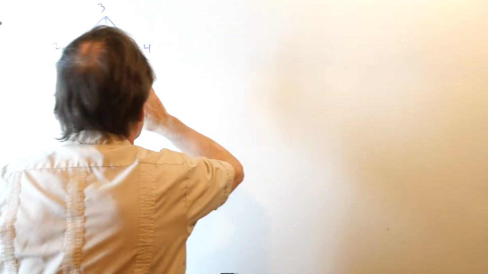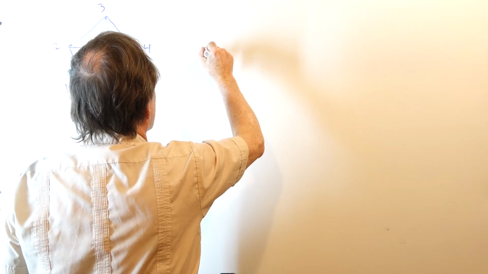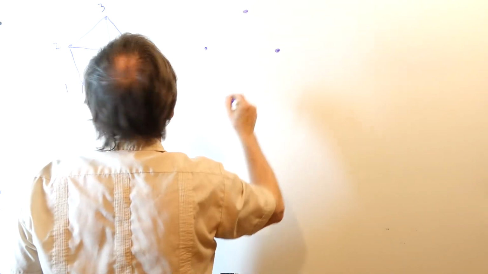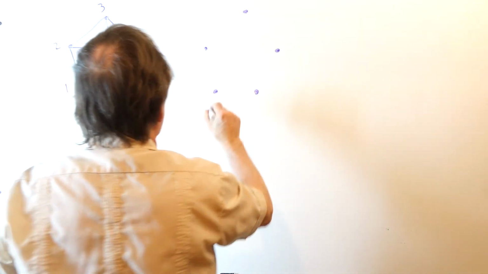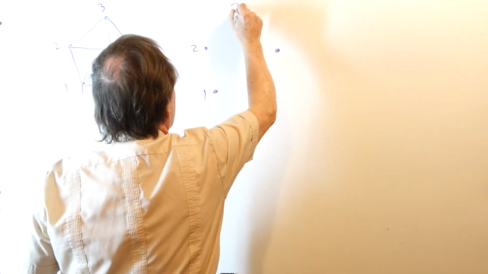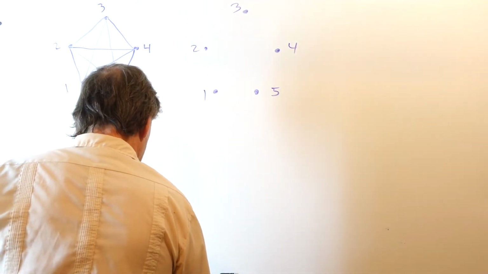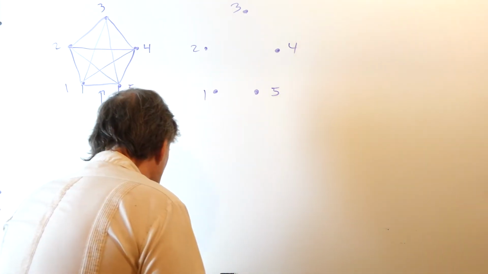Now, I'm going to deconstruct this and construct an equivalent circuit. So, to show you what's going on here, we're going to start off here. We've got our nodes. Okay, now, let's look using the Y to delta.